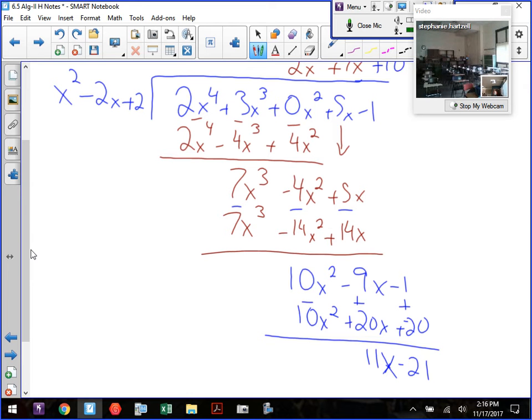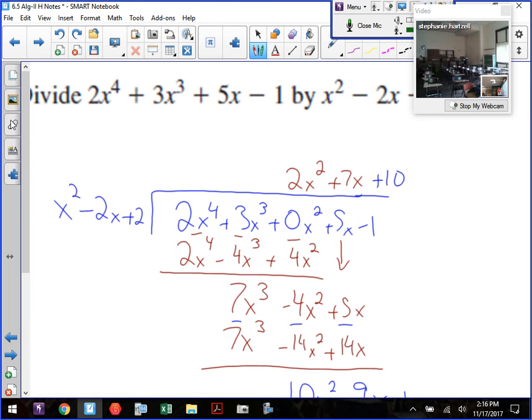Okay. Now, I know that this is going to be my remainder because it is 1 degree less than what I was dividing by. So now, since that's my remainder, I just write it as, is it a positive 11x or a negative 11x? Positive. So I just write it then as plus 11x minus 1, thank you, over x squared minus 2x plus 2, sorry.